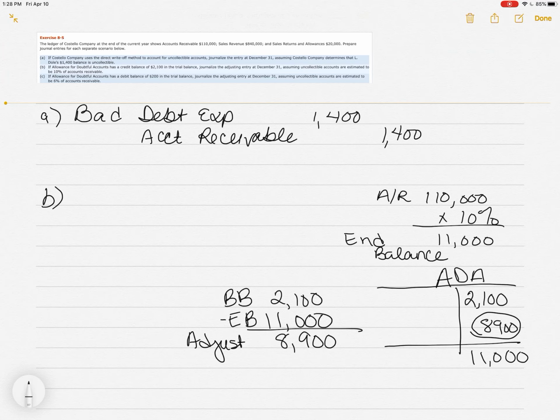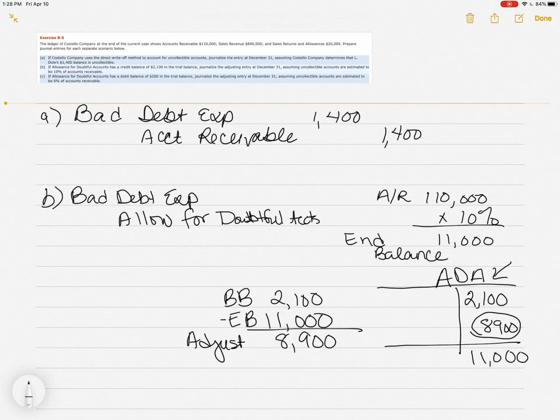The journal entry at the end of the year to get that allowance to where you want it to be is to debit your bad debt expense and credit your allowance for doubtful accounts. It's a long account name, so that's why I tend to use ADA if it's too long to write. And our journal entry is for the adjustment amount of $8,900.